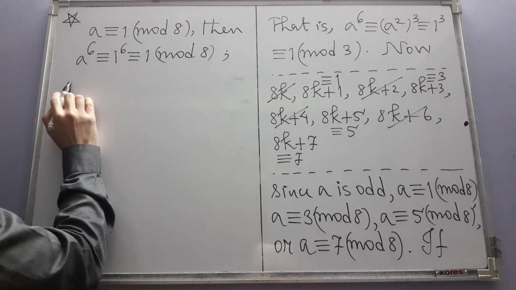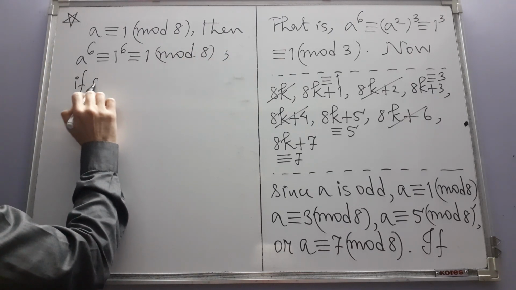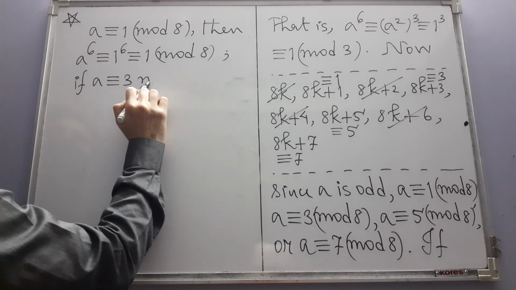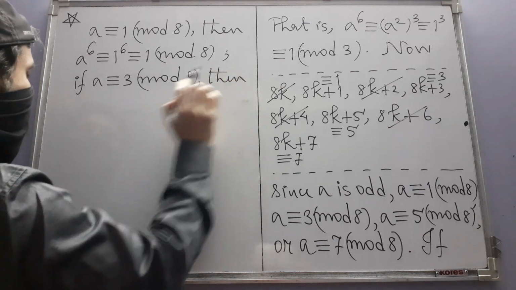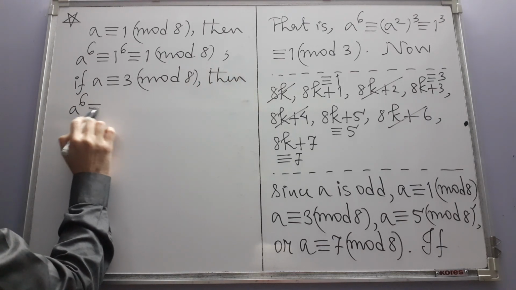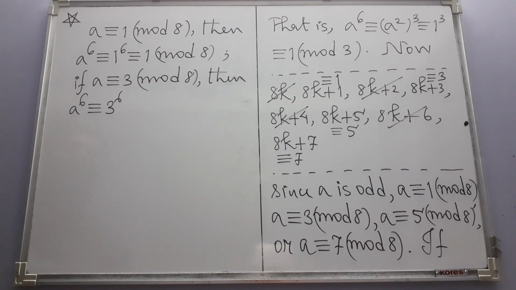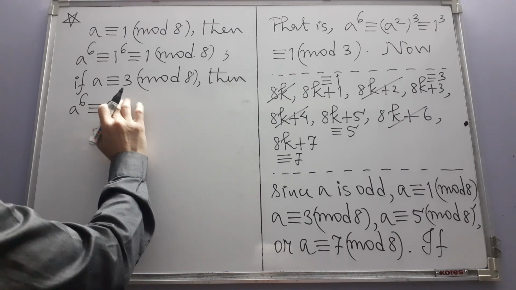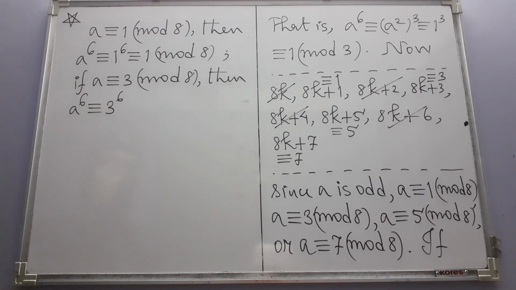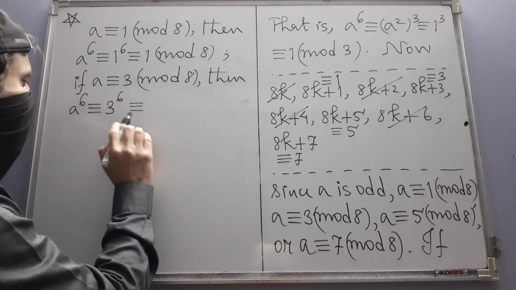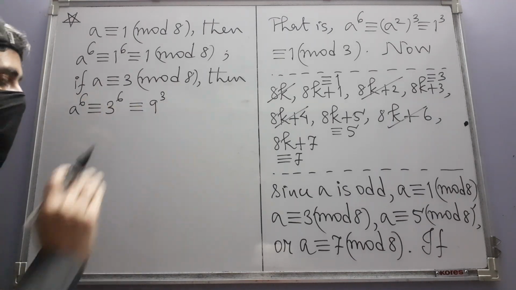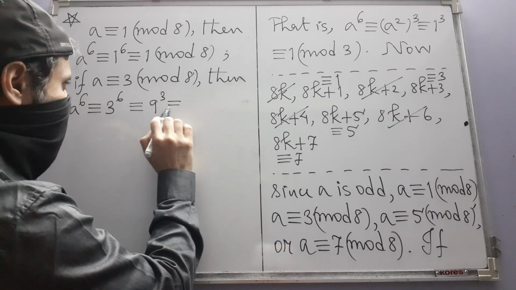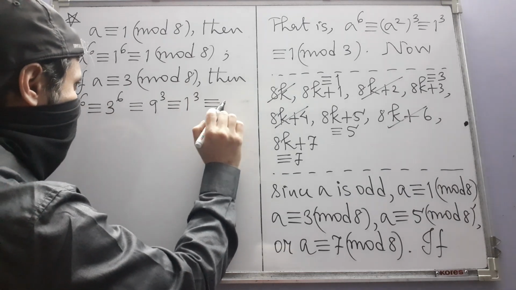But what about the other cases? Now we will see. If A is congruent to 3 mod 8, then A to the power 6 is congruent to 3 to the power 6. Now 3 to the power 6 may seem like a large number. I mean, you have to think a little for this. But note that this is also 3 square whole cube. That means 9 cube. And 9 is congruent to 1 mod 8. So again we are getting 1.